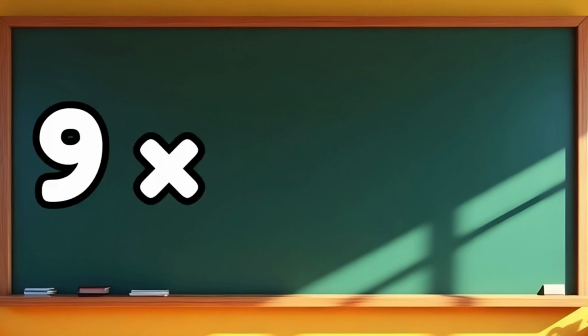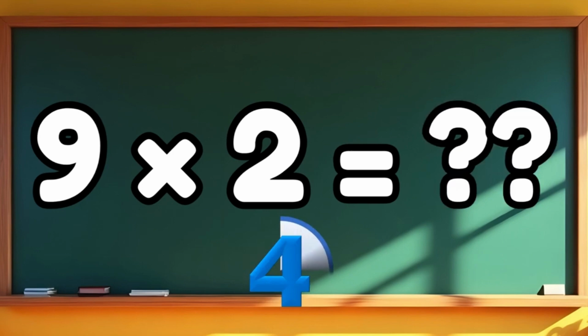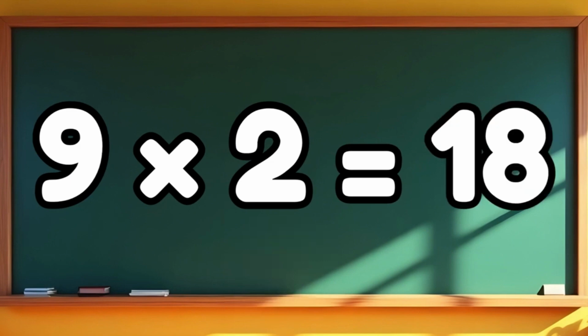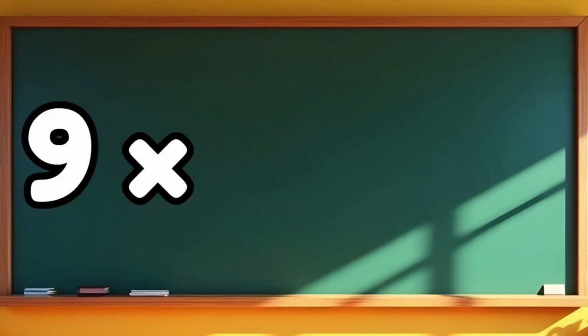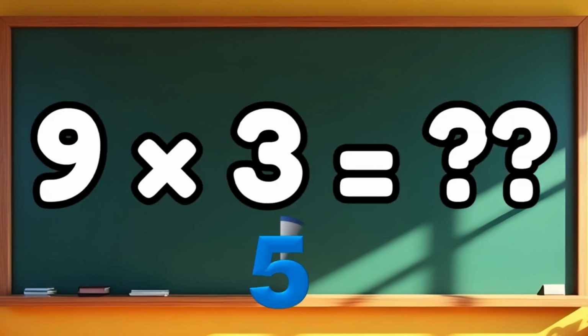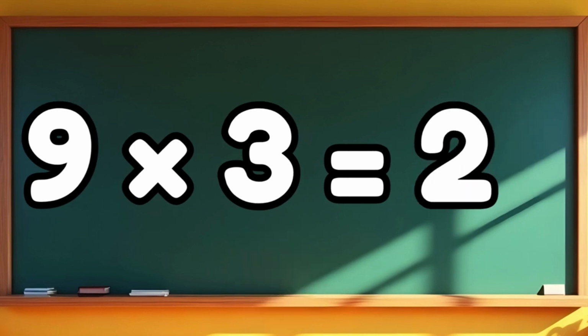9 times 2 equals. 18! Excellent! Now, next one. 9 times 3 equals. 27!